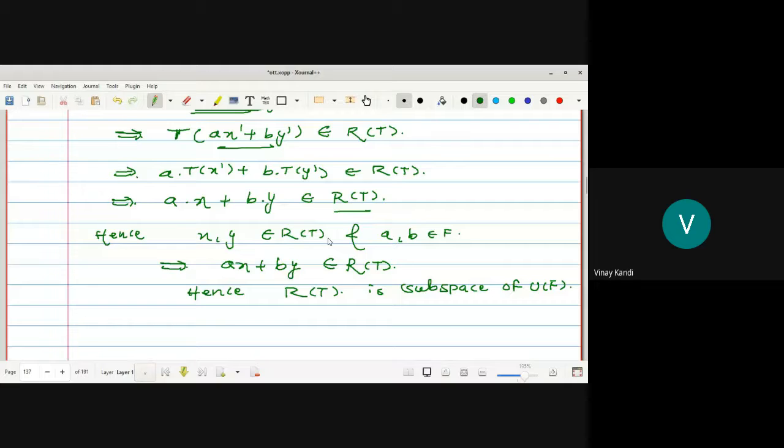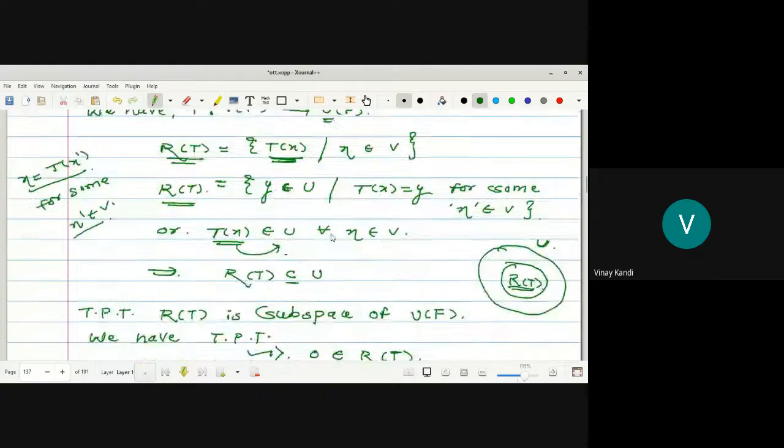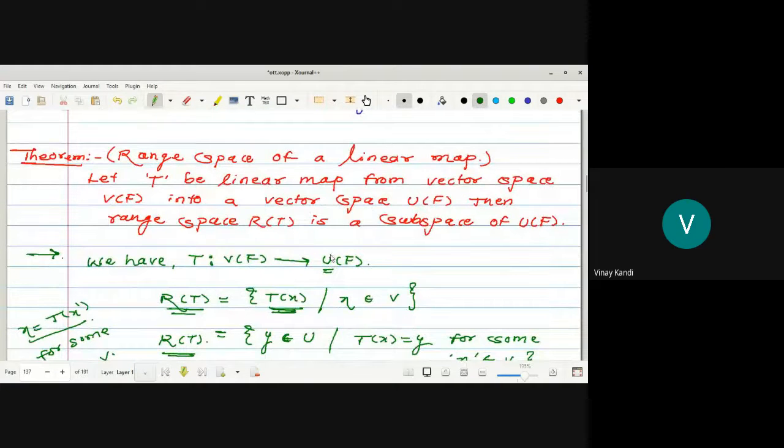So here we proved that for the range space of a linear map, let T be a linear map from the vector space V over F into the vector space U over F, then range space R of T is a subspace of U over F.